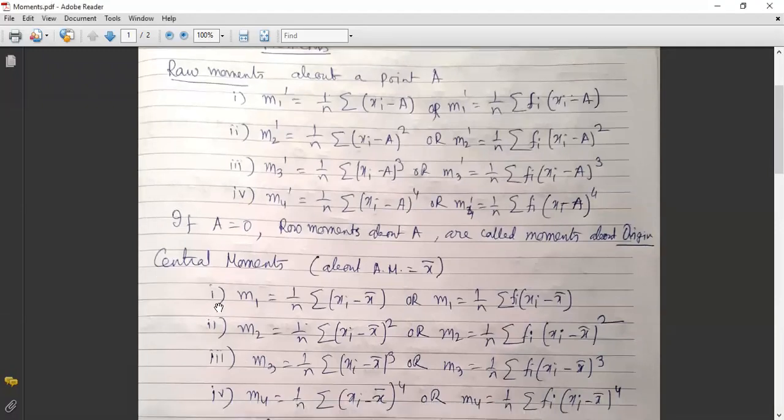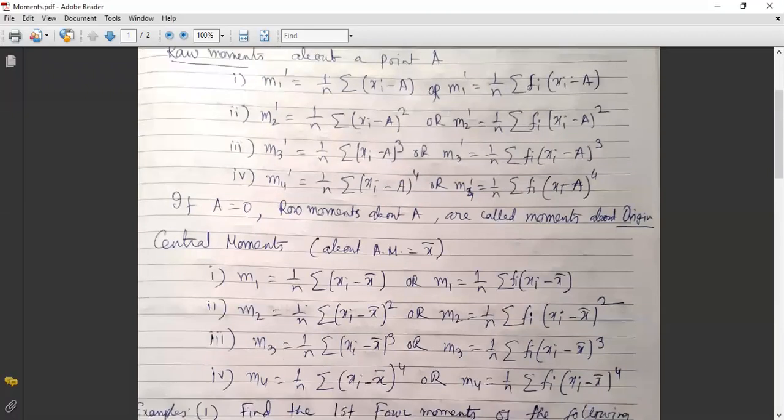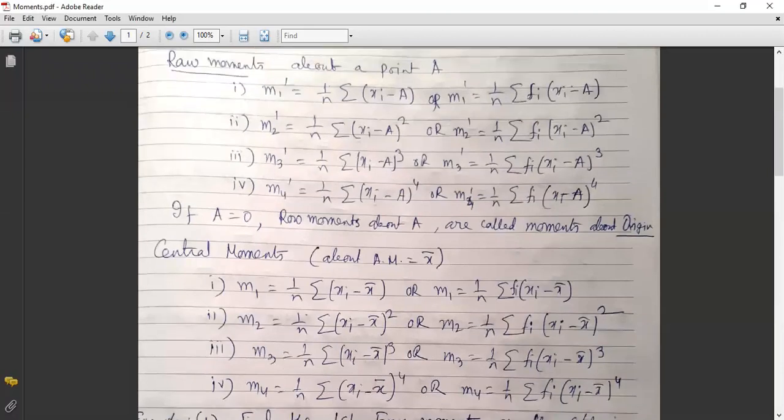So in case of central moment, we represent the moments like m1, m2, m3, m4, and in case of raw moment, we represent m1 dash, m2 dash, m3 dash. Least bother about that symbol; just know the symbol, that's enough.